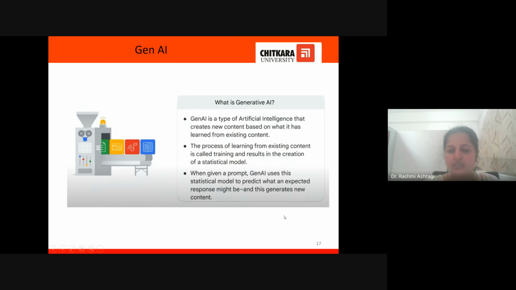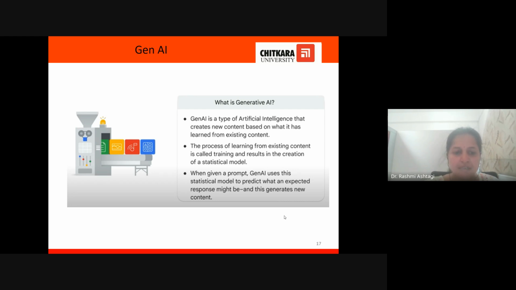Okay, so what is generative AI? It's a type of artificial intelligence that creates new content based on what it has learned from existing content. The ChatGPT we are using has learned from a lot of content which was given as input, and then it's generating.